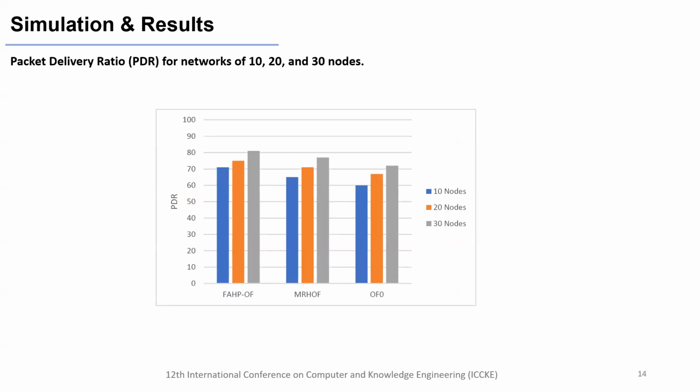And we also compared our method in terms of packet delivery ratio, which is the ratio of the packets received at the destination between two nodes at the two ends of a link. And here, as we can see, FAHP-OF has also outperformed the other two objective functions, with a packet delivery ratio of more than 70%.